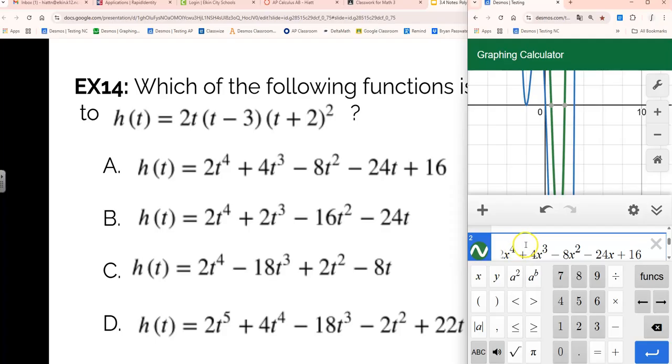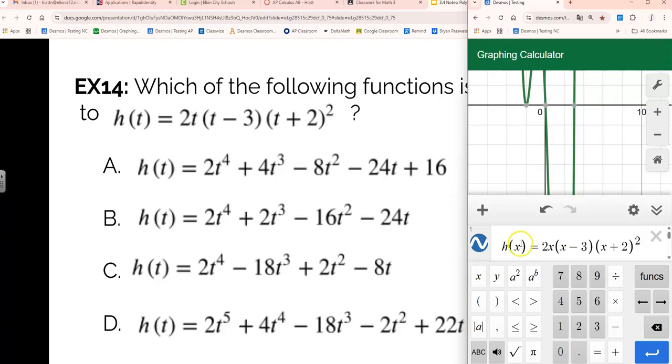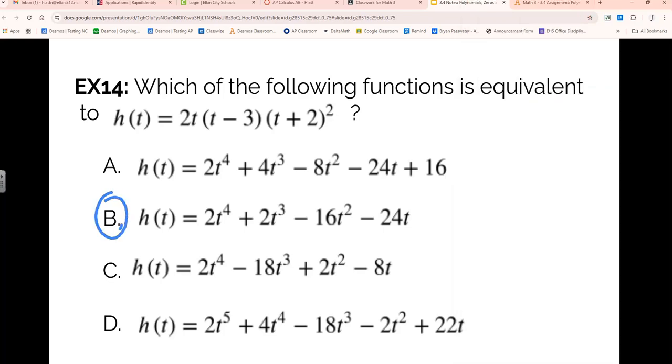I would try the next one. Plus 2, minus 16, minus 24x. That one's it, isn't it? Yep, that's it. So B would be our correct answer. So anytime they're asking which one's equivalent, even if it's logs or exponentials, you can just graph your answer choices.